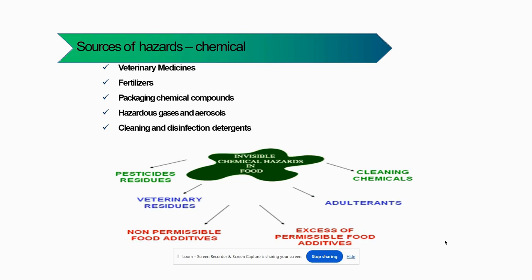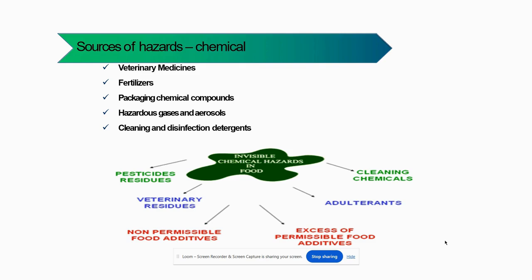Also fertilizer, which we use for agriculture purposes. Packaging chemicals which we use in the packaging material could also be a source. Also pollution from gases, environmental gases and other polluting substances, could be considered chemical hazards.